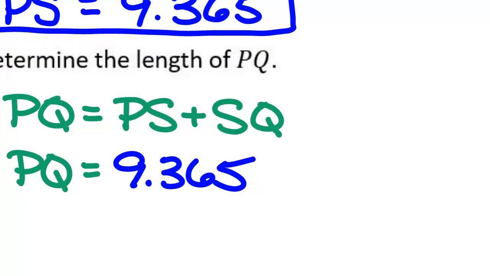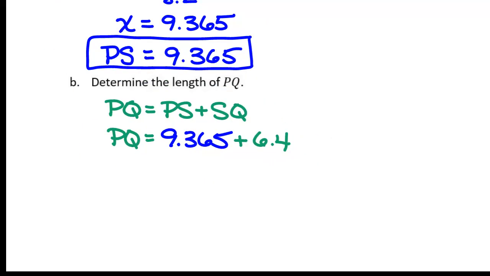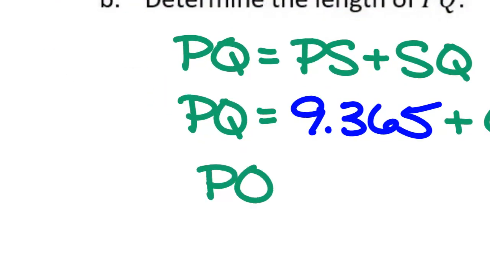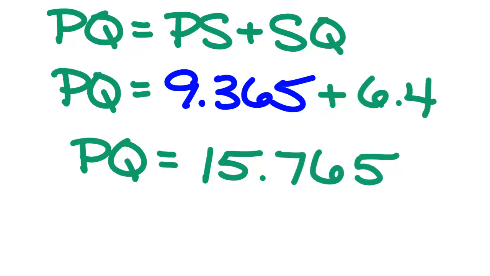And if we look over on the picture, we can see how big SQ is. How big is SQ? 6.4. So then we add those two together to get the length of PQ. 9.365 plus 6.4 gives me 15.765.